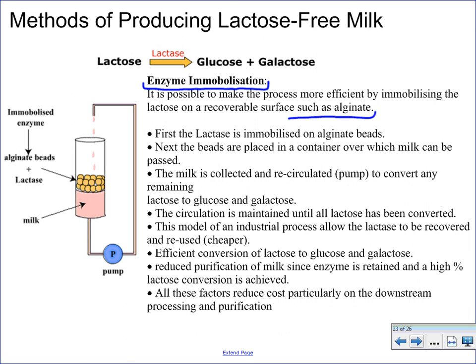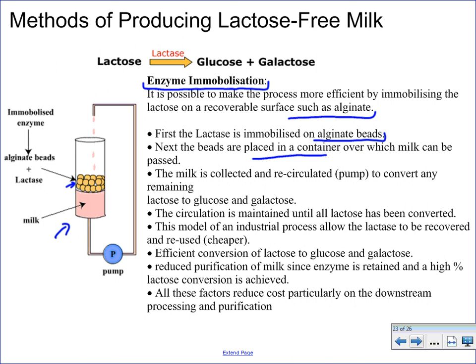So first the lactase gets immobilized on alginate beads, so the enzyme gets coated on the surface of those beads. Next, the beads are placed in a container over which the milk can be passed. So the diagram illustrates this process here. So the yellow circles represent those alginate beads.